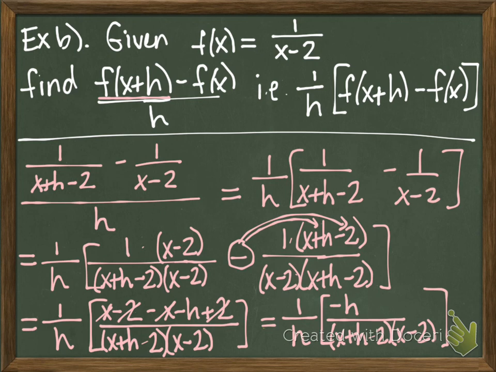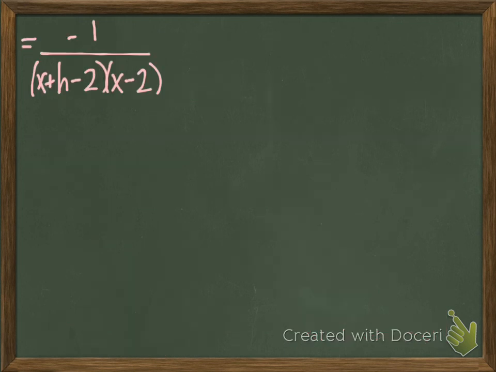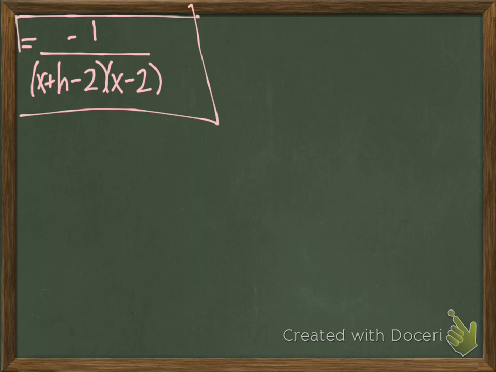Now we notice we can cancel this h factor in the numerator and the denominator. So this will cancel with this, and I'll be left with negative 1 in the numerator. And your denominator is just the same factors we had before. Okay, and this is as simplified as we can get. So this is your final answer for part B. And that's it.